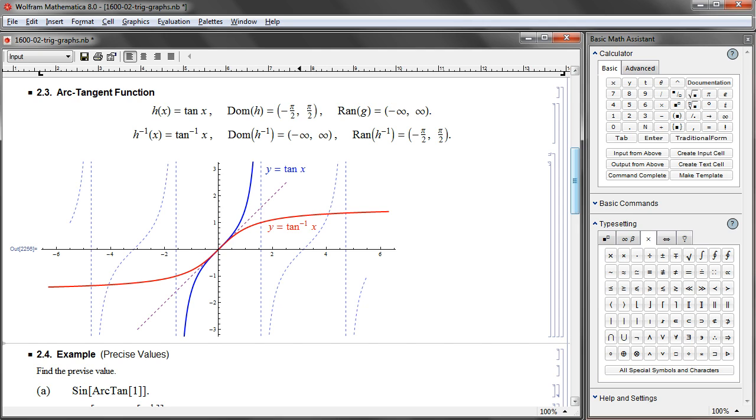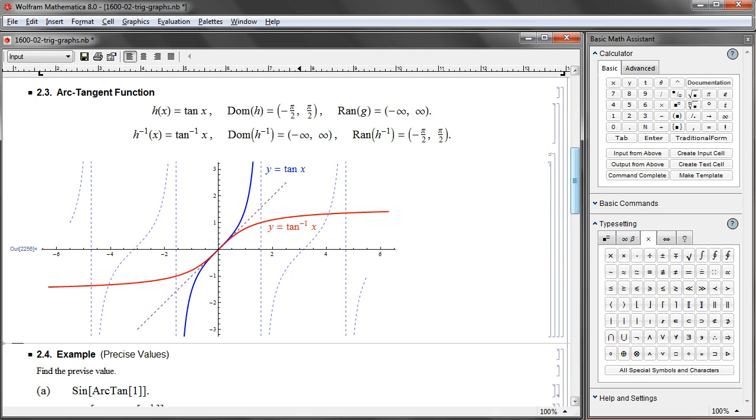And that's interesting. The other inverse trig functions, arcsine and arccosine, had finite domains. But arctangent, on the other hand, has an unbounded domain. Actually, the domain of the arctangent function is all real numbers, negative infinity to positive infinity. The range, on the other hand, is from negative pi over 2 to pi over 2.